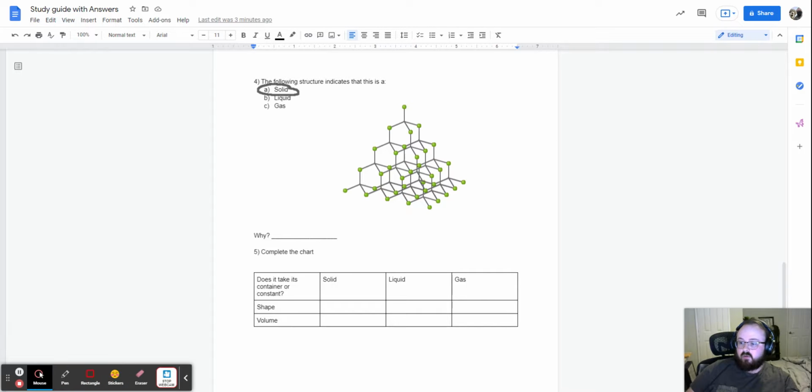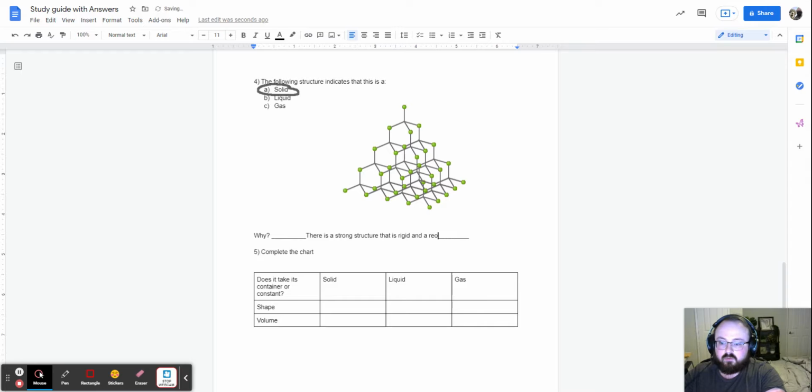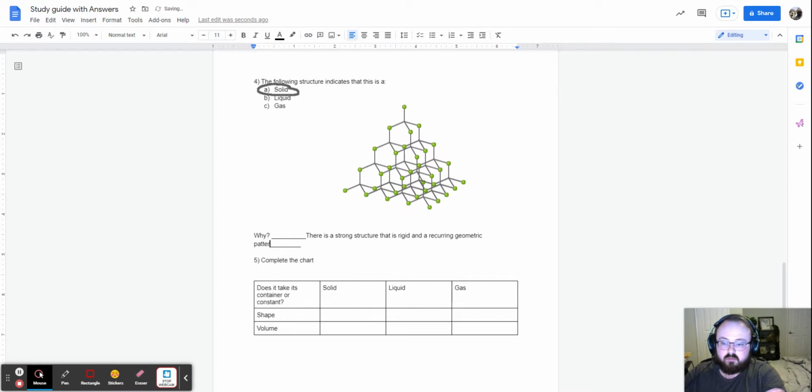So when we write why, we write there is a strong structure that is rigid and a reoccurring geometric pattern. We see this pattern over and over again. So this would be a solid.